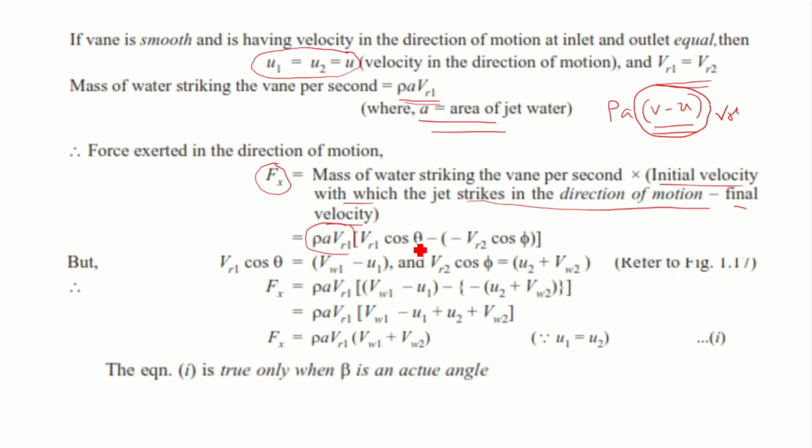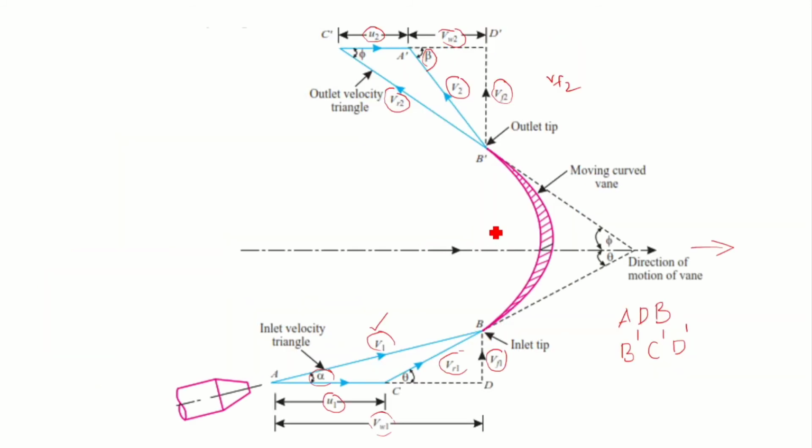The jet is striking the vane at a relative velocity. So in order to consider the relative velocity in the direction of motion, we have to take the x component of relative velocity, that is VR1 cos theta.